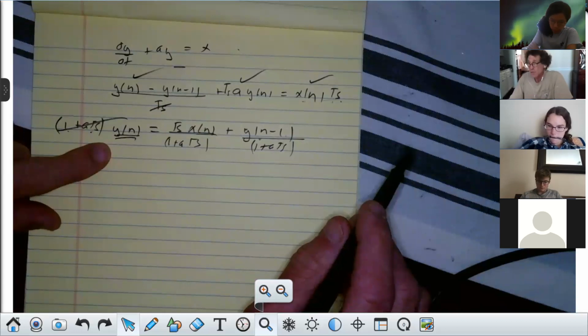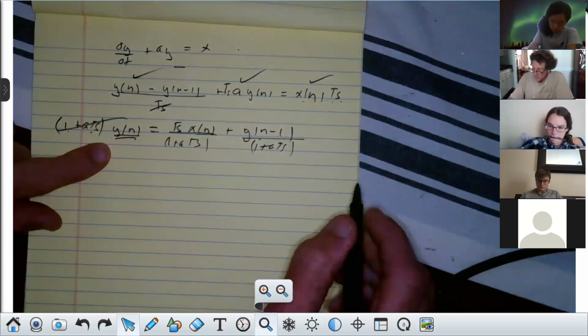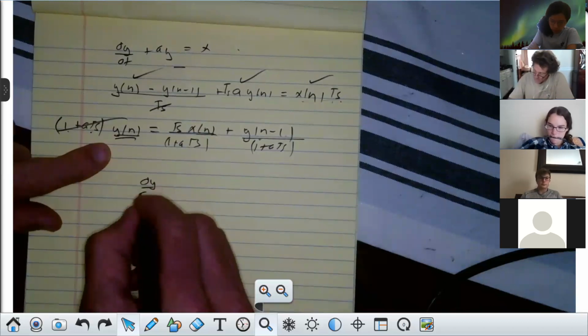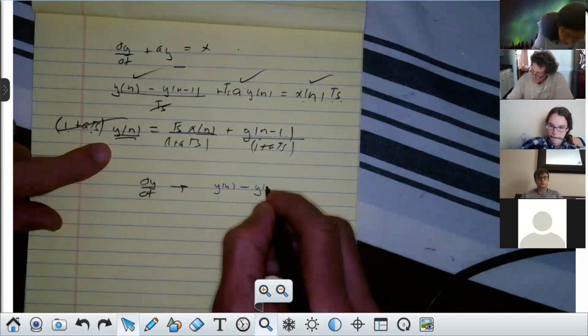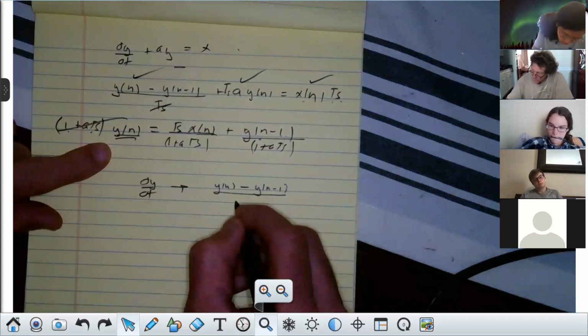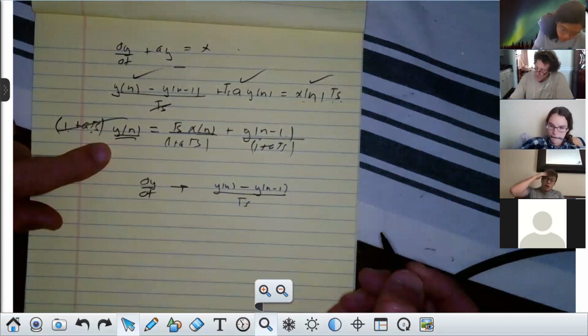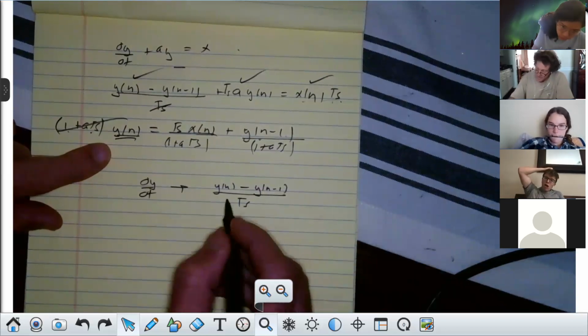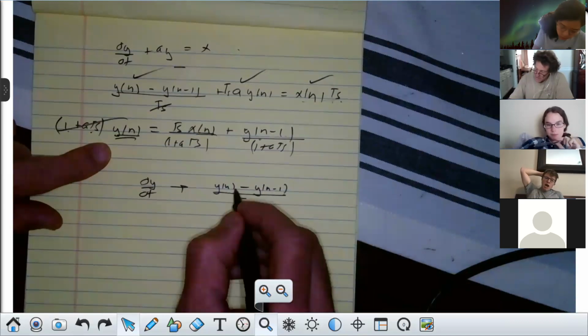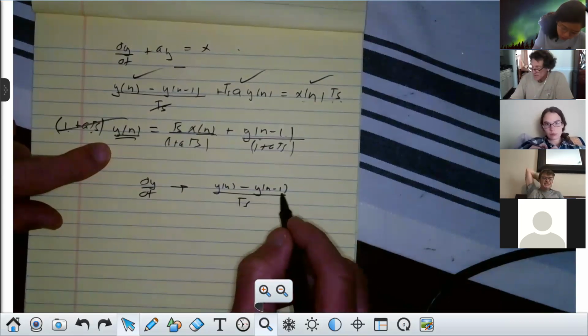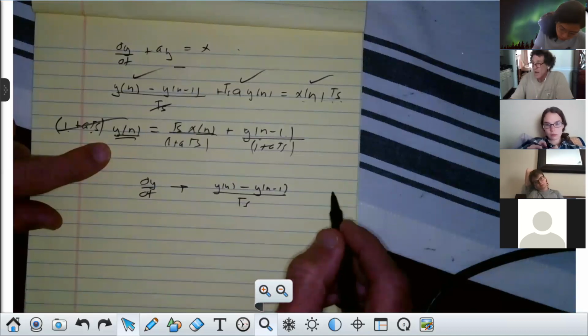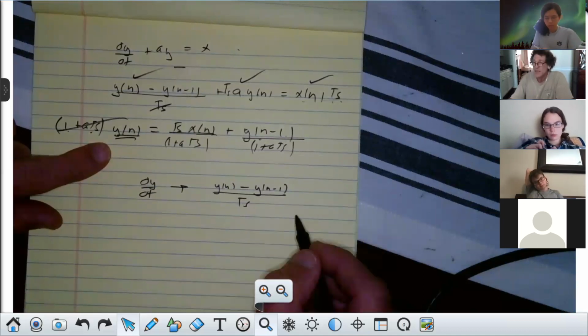And then you can create a difference equation from any differential equation, knowing that the derivative dy of t is simply equal to y of n minus y of n minus 1 over TS, delta t. And for a second order, if you take a derivative of this, you would have y of n minus 2 times y of n minus 1 plus y of n minus 2 over TS squared.